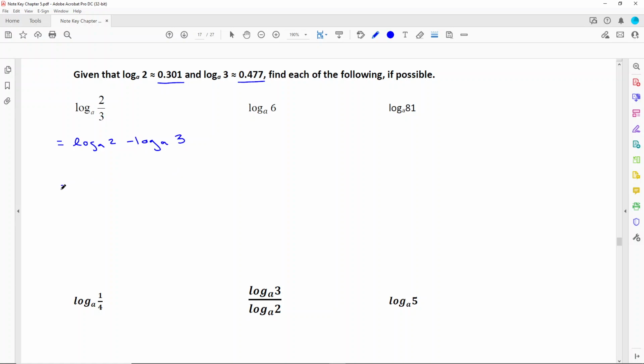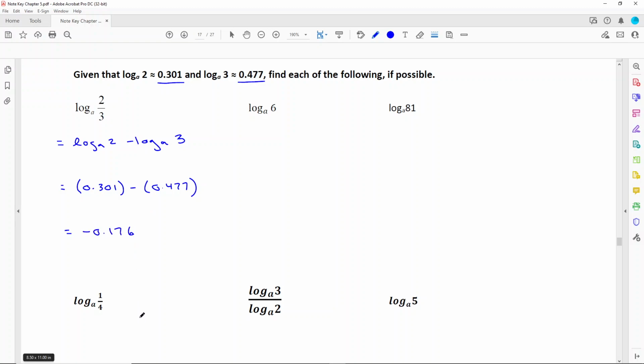And then I can replace the log. The log to the base a of 2 we know is approximately 0.301, and log to the base a of 3 we know is approximately 0.477. So we can just put in those values, and then we subtract using a calculator. So 0.301 minus 0.477 gives us negative 0.176.